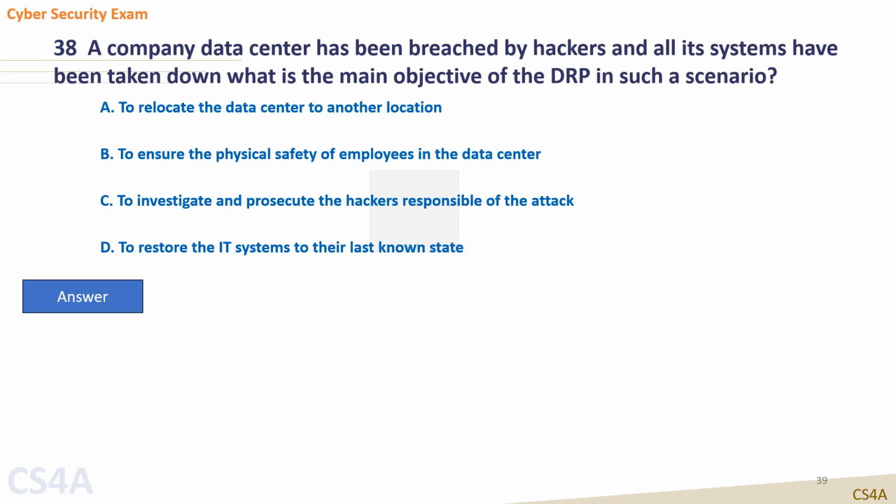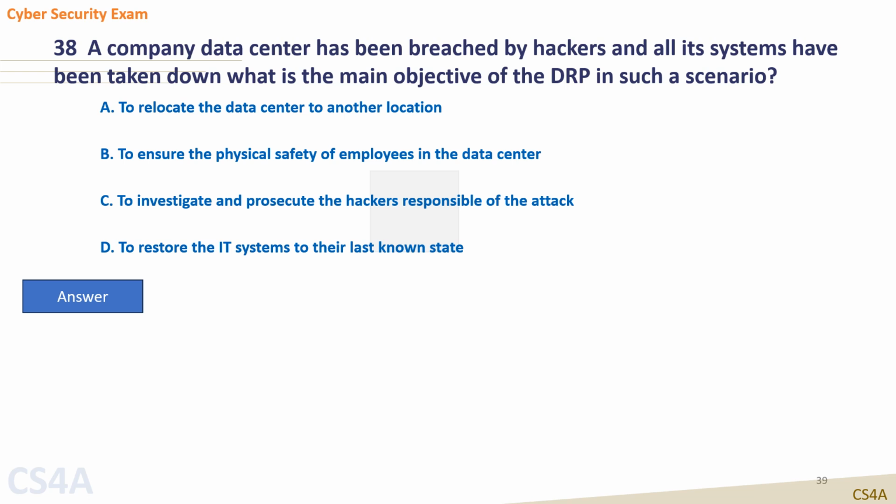Here the question is, a company's data center has been breached by hackers and all its systems have been taken down. What is the main objective of the DRP in such a scenario? Okay, so the answers are: to relocate the data center to another location. So that might be one of the options, but that is not the main objective. And the second one is to ensure the physical safety of the employees in the data center.